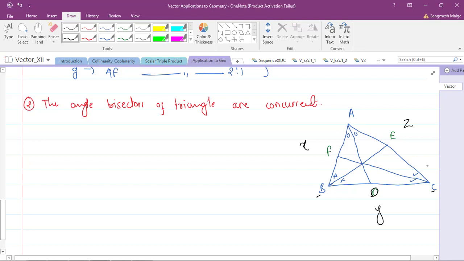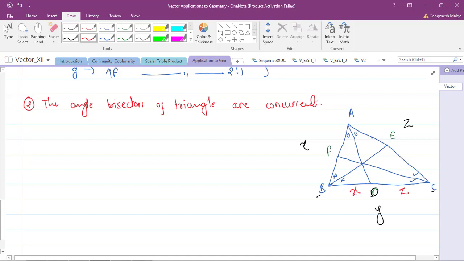So this is AB and AC. Okay, so this point D divides the segment BC in the ratio, this side is x and this side is z, so it is x is to z. Okay, so the point D divides the segment BC in the ratio x is to z.